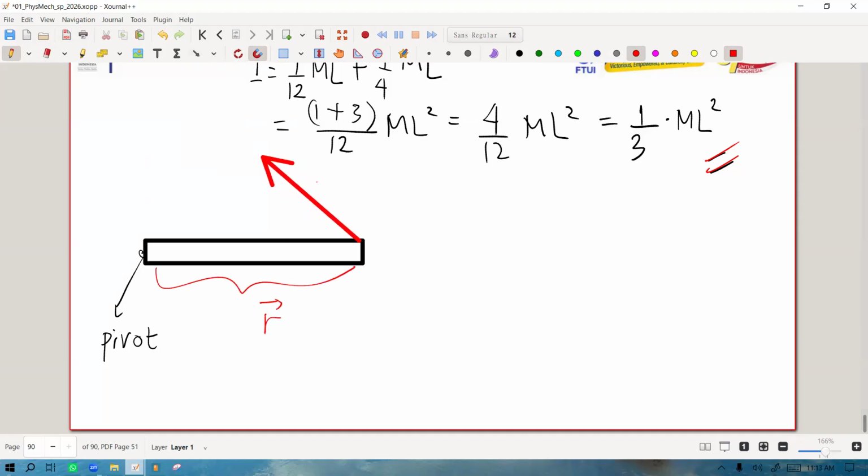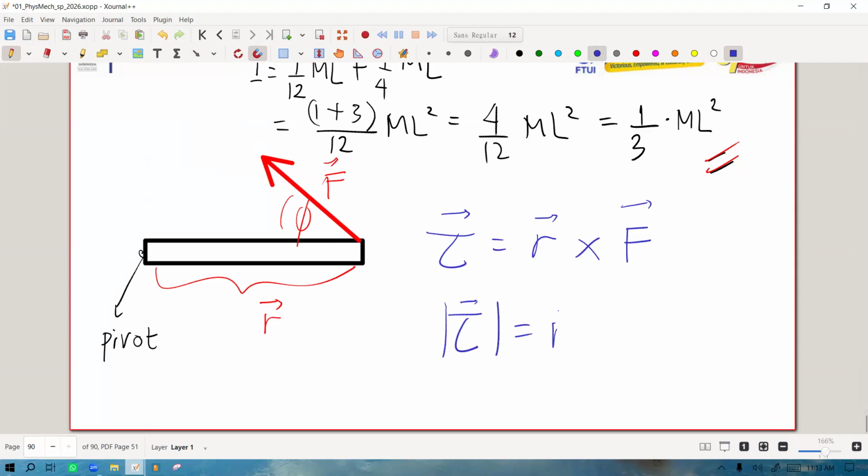So this one is R, and then F, and here is phi or theta. So we can calculate the torque as R cross the force. So the torque is equal to R F sine phi.